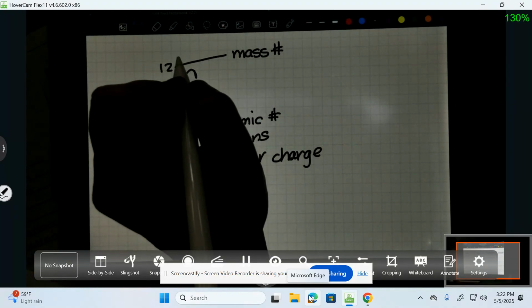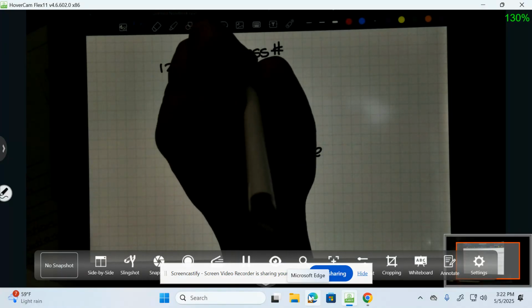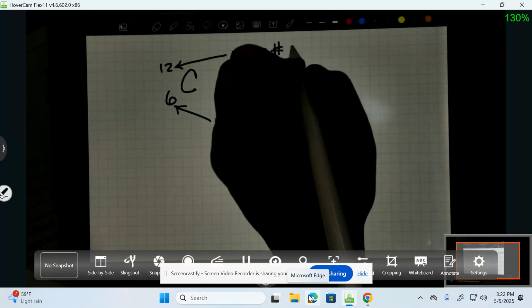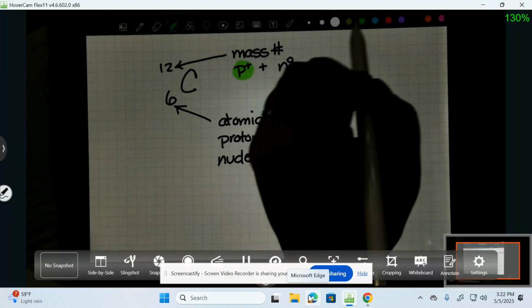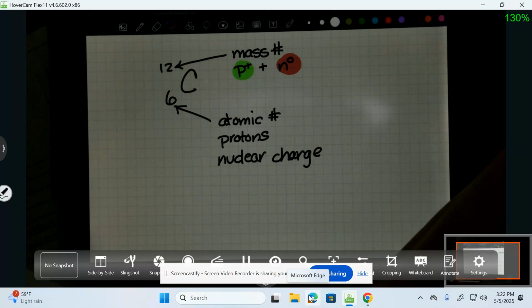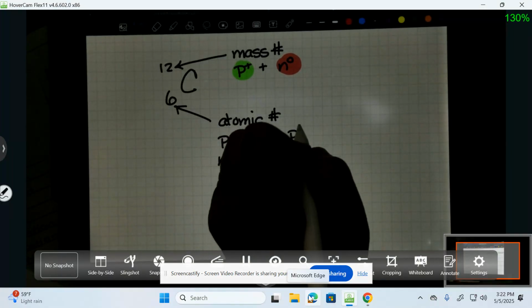It's the average isotopic mass if it's a decimal. Okay, it's the number of protons and the number of neutrons together. So when we add protons and neutrons, protons plus neutrons, we're going to get this number 12. Down here, we just have protons.